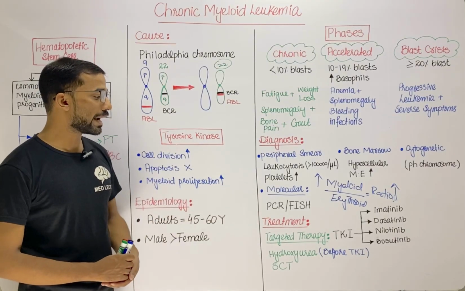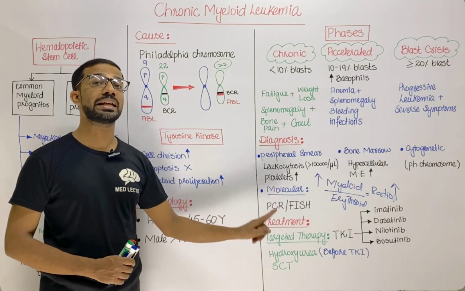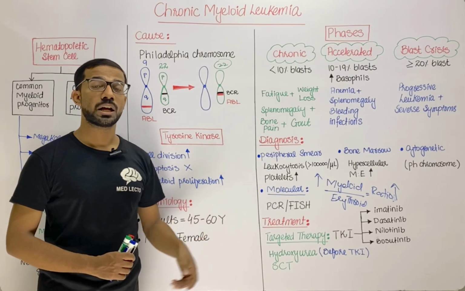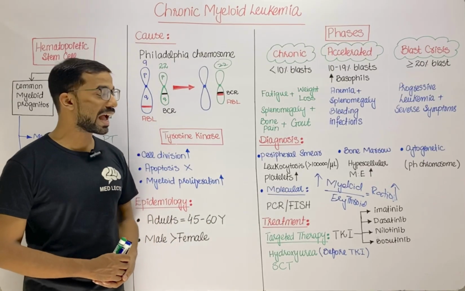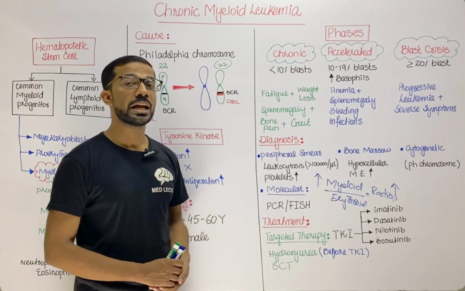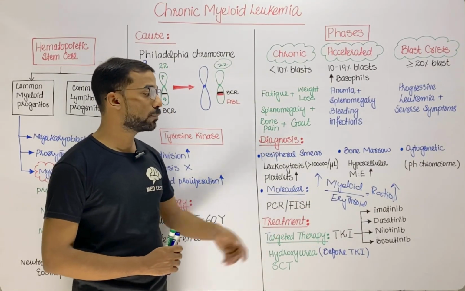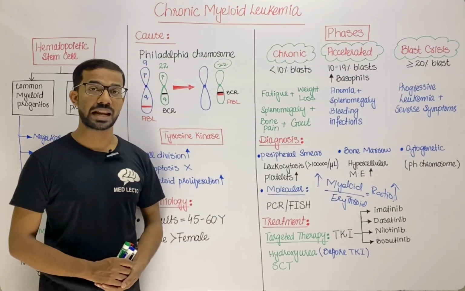In the treatment plan, you will see targeted therapy. You have to block the tyrosine kinase, because tyrosine kinase gives instructions for the proliferation of cells. So we have to use tyrosine kinase inhibitors. In that case, you will see imatinib, dasatinib, nilotinib, and bosutinib. So these are basically the different tyrosine kinase inhibitors.